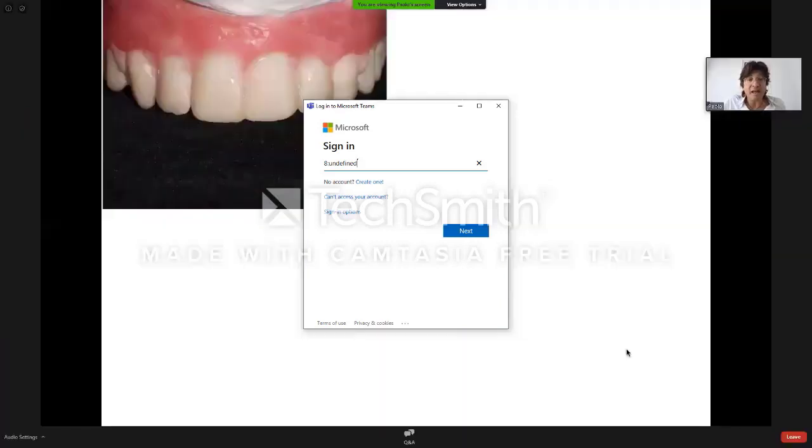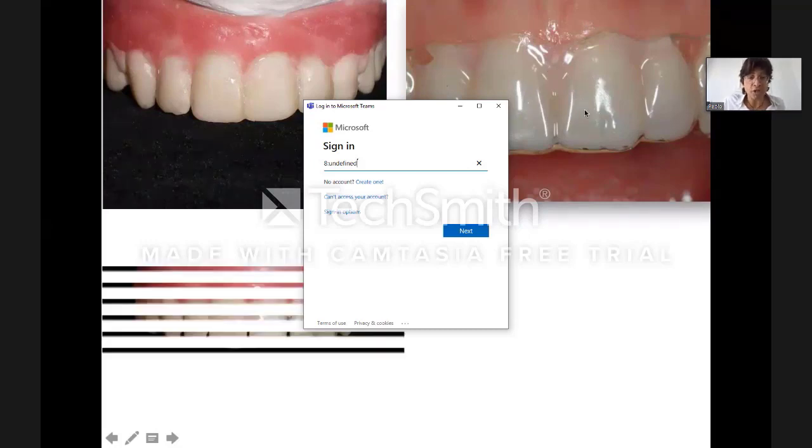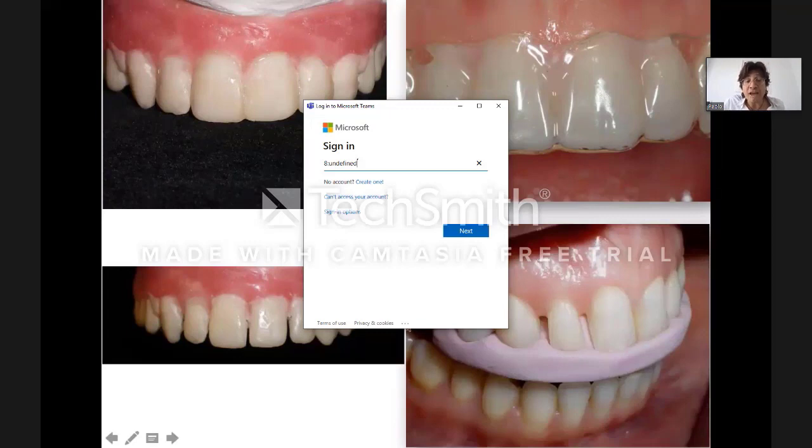Before I started, I took an impression and we made a vacuum molded appliance to make the final mock-up before the restoration. I also removed the resin, and I had the final position of the teeth. On this one, you can also print, or you can ask the lab to make you a template, a template of the final positioning of the teeth.